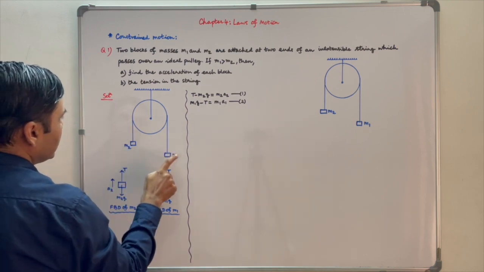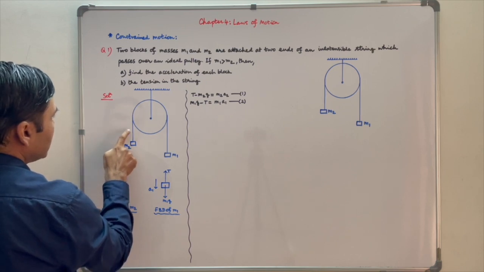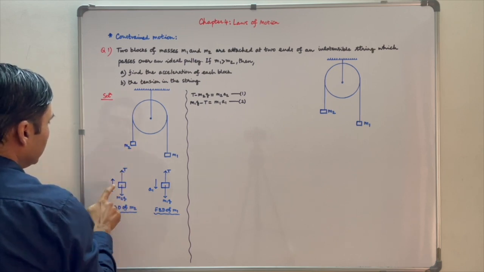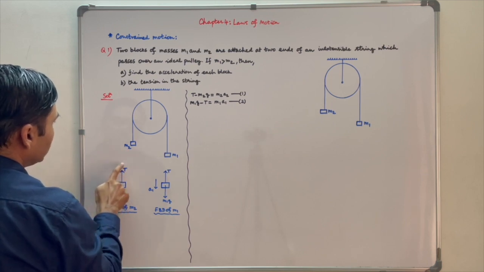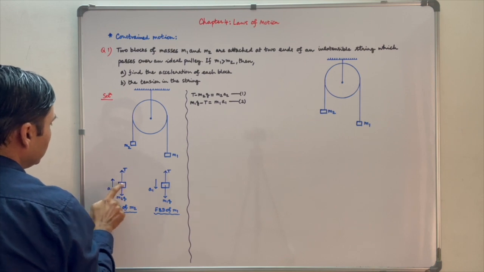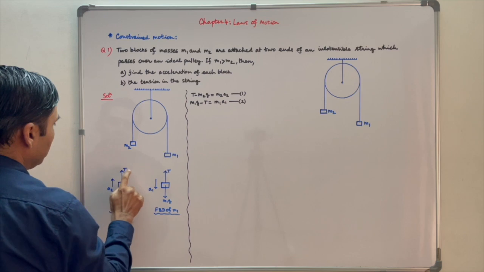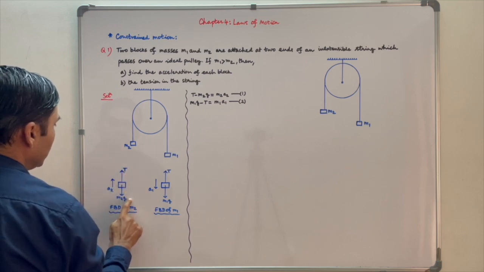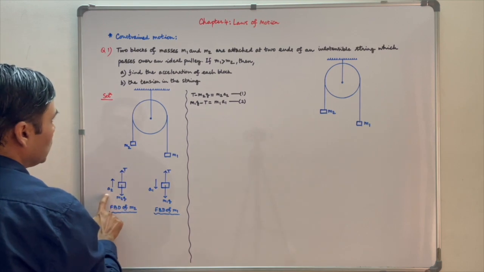Consider their accelerations are a1 and a2 respectively. Tension in the string is T. This is FBD of block m2. T is working upwards due to string. m2g is its weight. Since this block is moving up, so net force will be upwards, and that will be T minus m2g. So T minus m2g will be equal to m2a2.